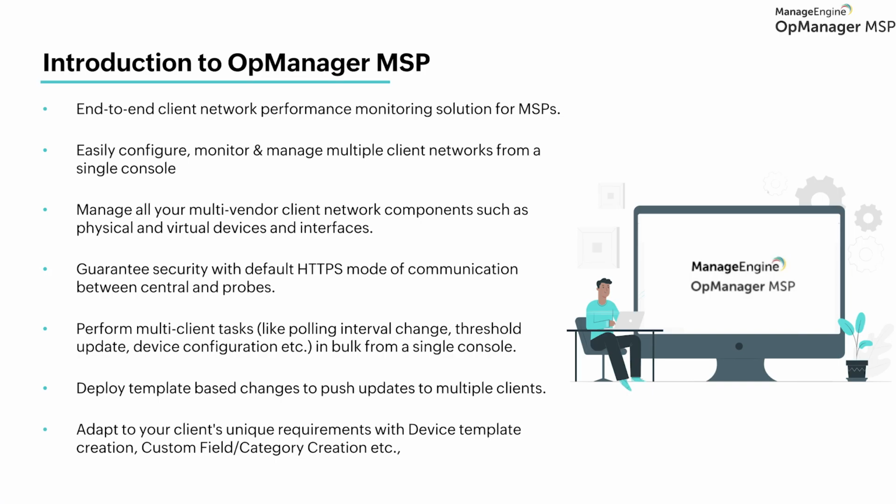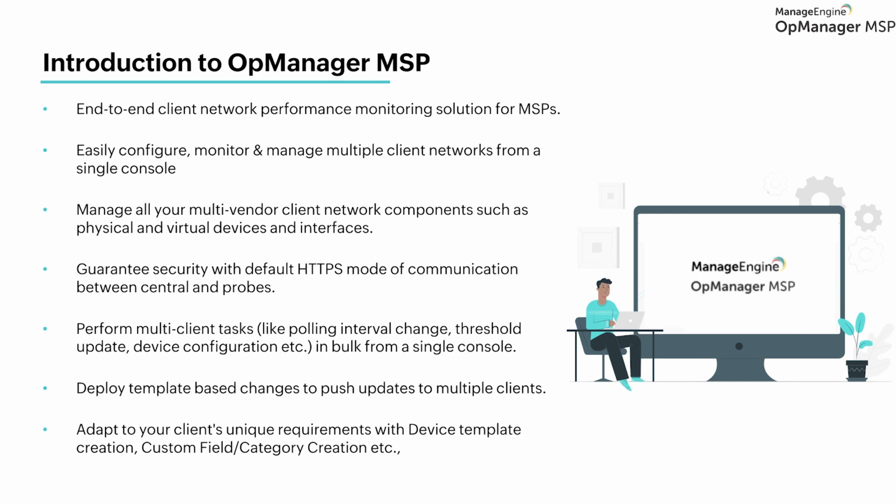So what is OpManager MSP? OpManager MSP is an end-to-end client network monitoring solution that allows service providers to keep track of a client's network performance 24/7. With OpManager MSP by your side, you can easily foresee any kind of potential mishaps or malfunctions and fix them proactively. It also helps you gain a single pane of view over your multi-client infrastructure. The default HTTPS mode of communication between Central and your probes ensures security.